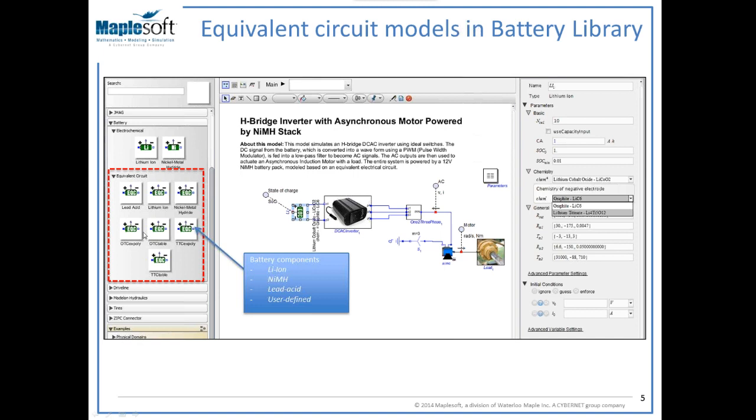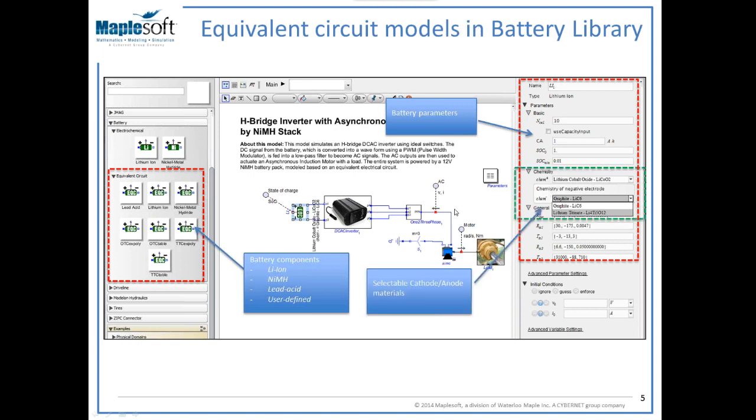You can see that we have the equivalent circuit battery model for lead acid, lithium ion, and nickel metal hydride, and we also have some other user-defined battery components that allow the user to curve fit those components based on experiment data. The behaviors of the equivalent circuit battery models are described by a small set of parameters that can be seen inside the rectangle on the right hand side here.